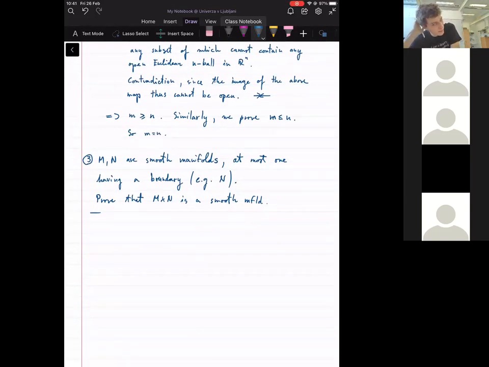So does anybody have an idea of how to form the smooth structure on this product?